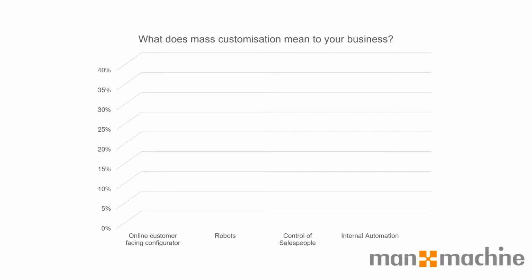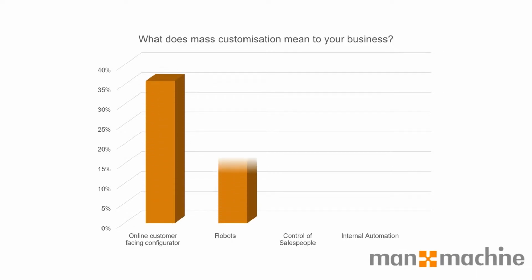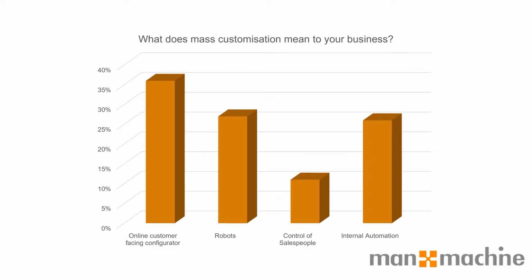And the results I thought I'd share with you today are pretty interesting, because a lot of people initially thought that mass customization means an online configurator. Some people thought control of salespeople and internal automation. But I thought it was quite interesting because for me, design automation actually means all of these 4 things and more. But it was quite interesting to see the results that we had from the virtual summit back in October.